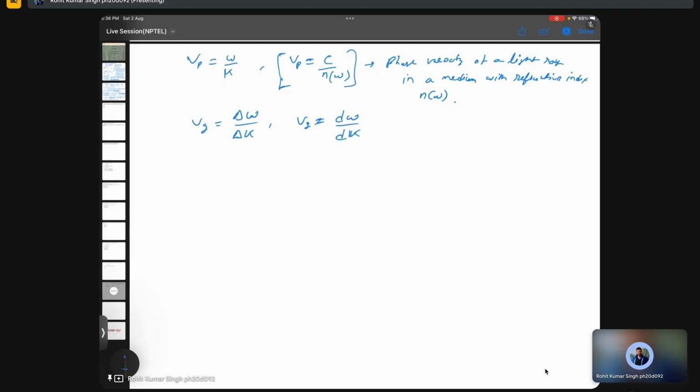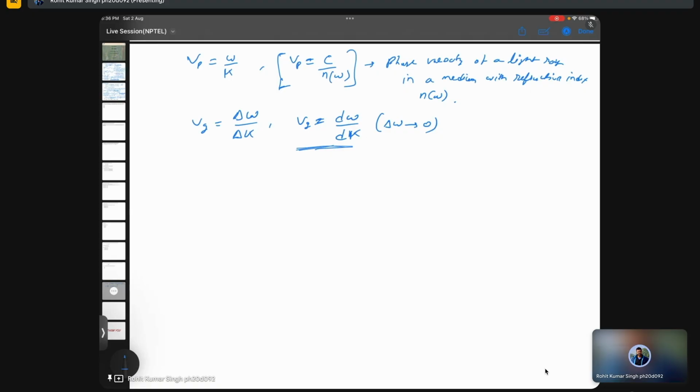So you can write it like this, when delta omega tends to a very small change. In a real life scenario, when you have light coming out from a bulb or something else, this is what happens. All the light pulses have very small differences in the frequency, and the group velocity for those is defined by this.